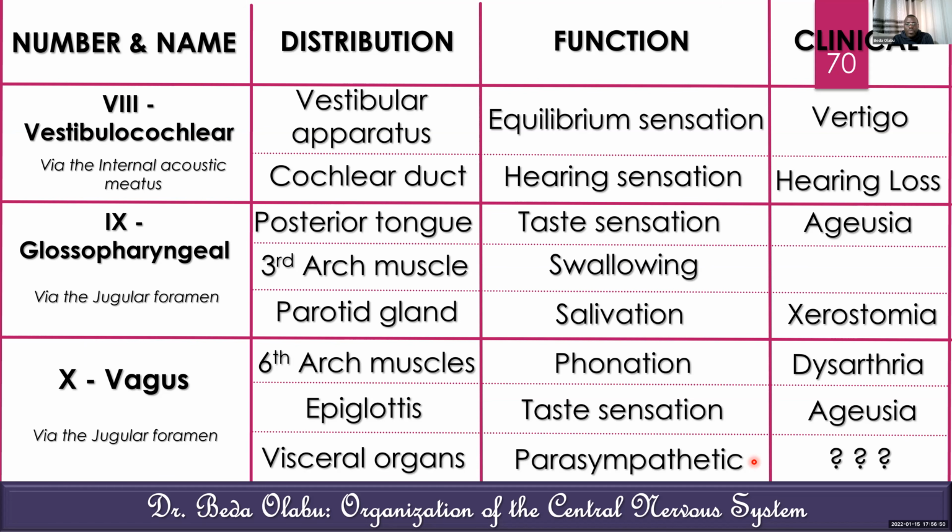So it's up to you then to think through what are the parasympathetic effects of the vagus nerve on the respiratory tree, on the digestive tree, on the heart, and perhaps the urinary system, so that we are able to know in particular the functions. And so we are able to tell the clinical effects of injury on each organ.